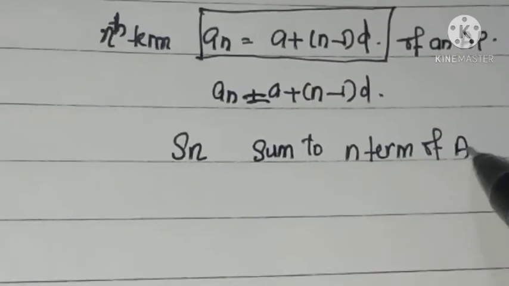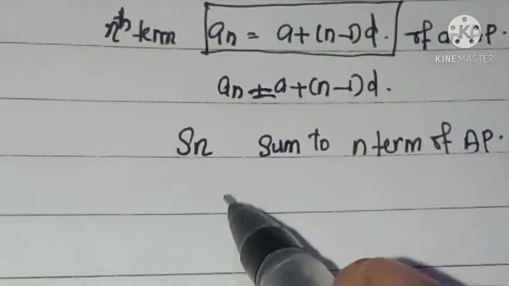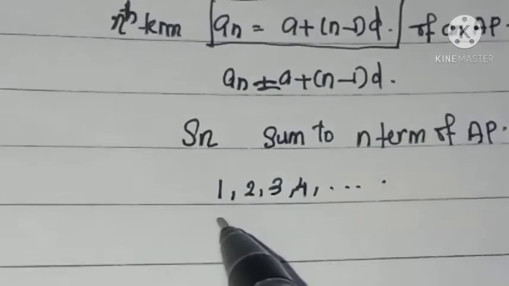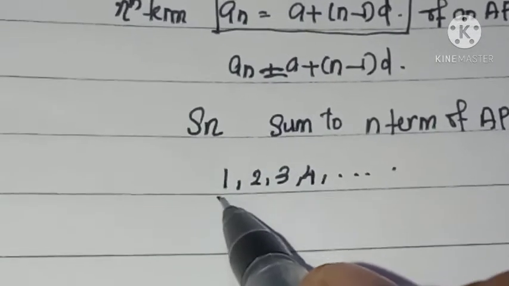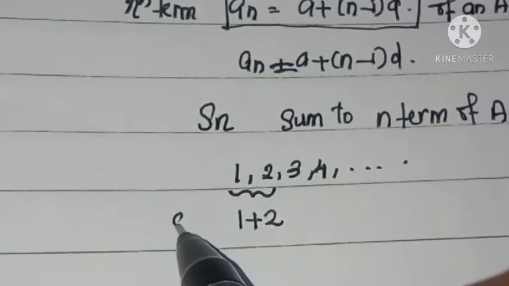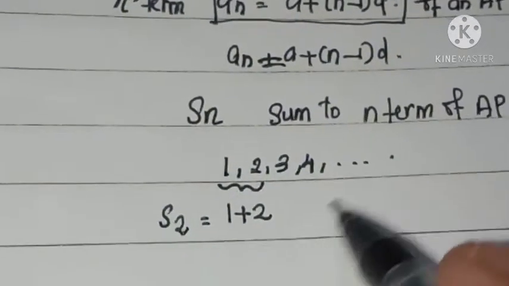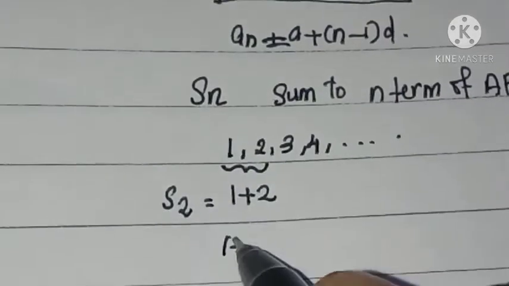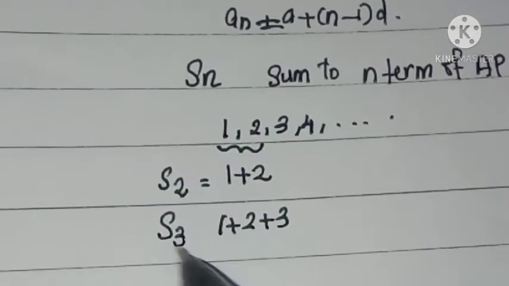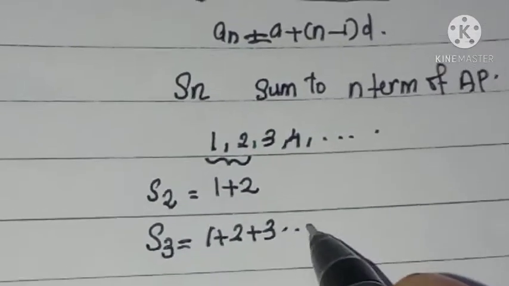Sum to n terms of an AP means, suppose we have an AP 1, 2, 3, 4, etc. Here 1 plus 2 is the sum of the first two terms, that is S2. Now 1 plus 2 plus 3 is the sum to 3 terms, that is S3 and so on.